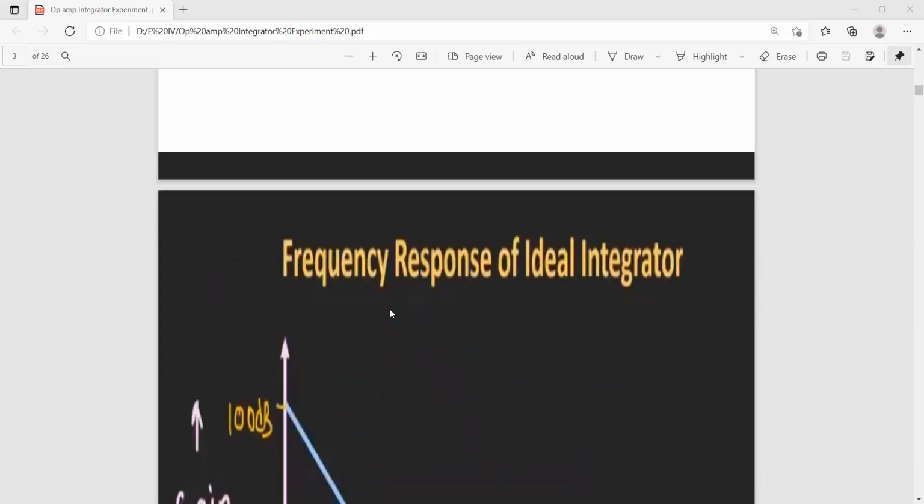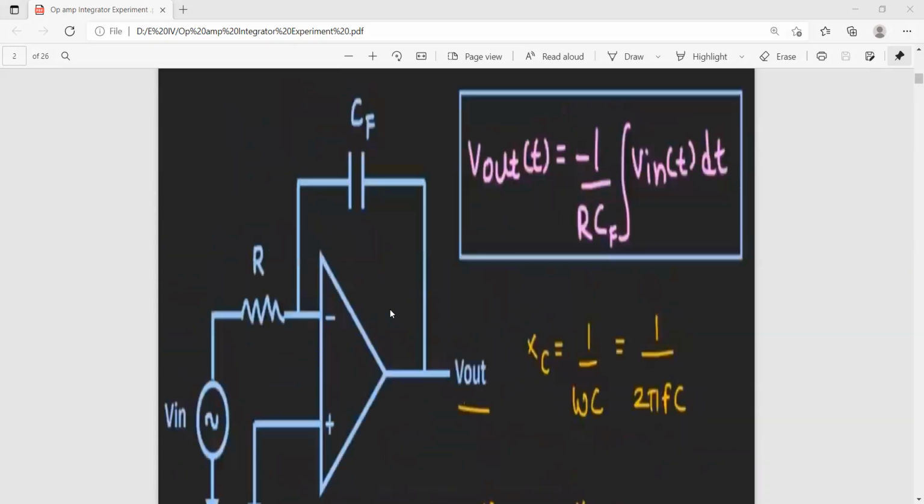Therefore, we have to modify this integrator by connecting some external resistor in parallel with the capacitor. The practical integrator is not only an integrator, it is partly an inverting circuit, an inverter, which has some gain.